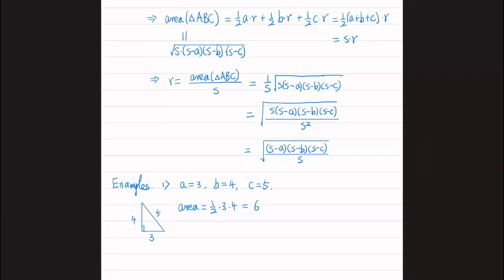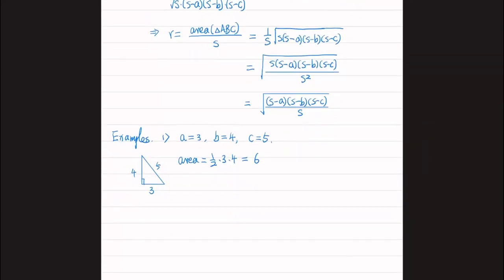If you can solve it the easy way, why would we do it the hard way? Okay, we will see. But let's do the hard way now. So area, the hard way. We could do the easy way. It's not like we can only do the hard way, right? Because there are cases where we cannot do the easy way.